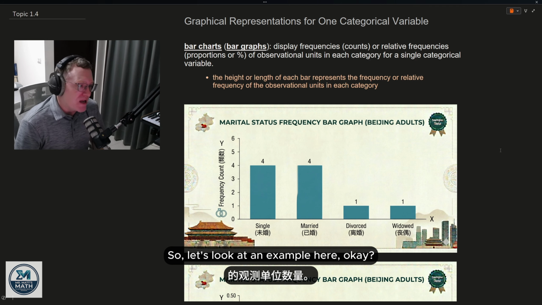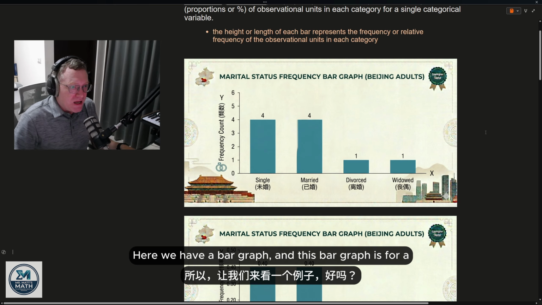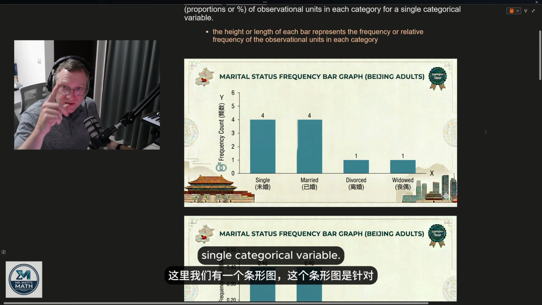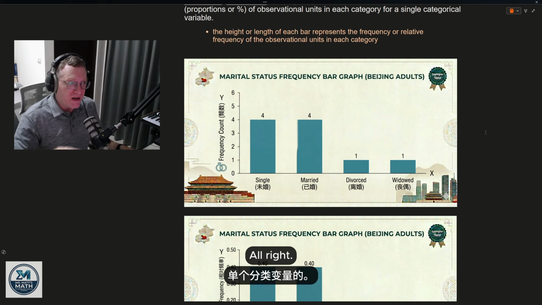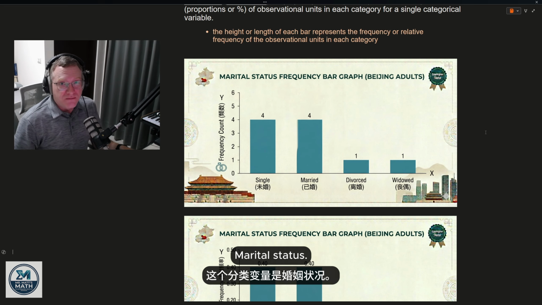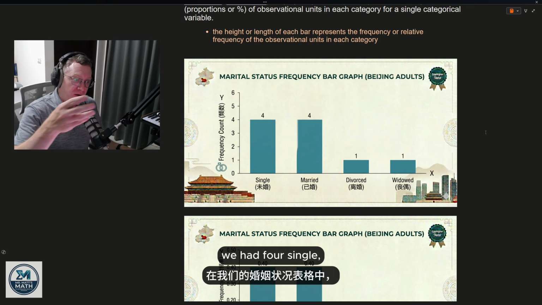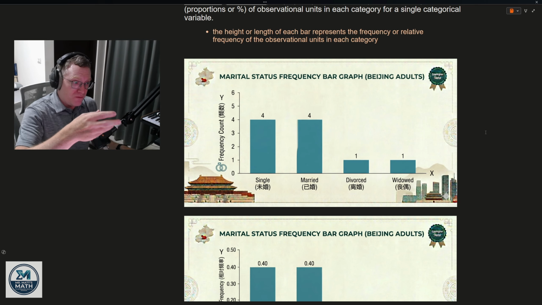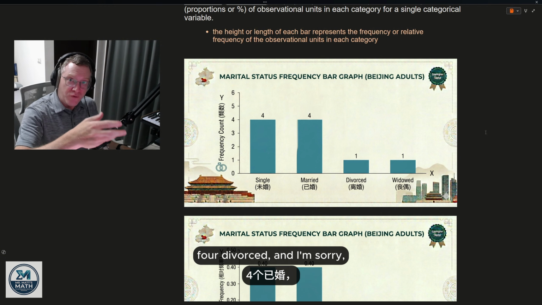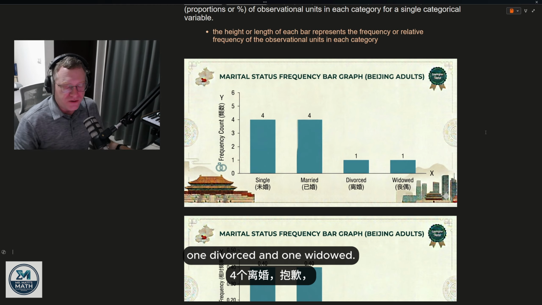So let's look at an example here. Here we have a bar graph for a single categorical variable, and that categorical variable is marital status. In our table for marital status, we had 4 single, 4 married, 1 divorced, and 1 widowed.